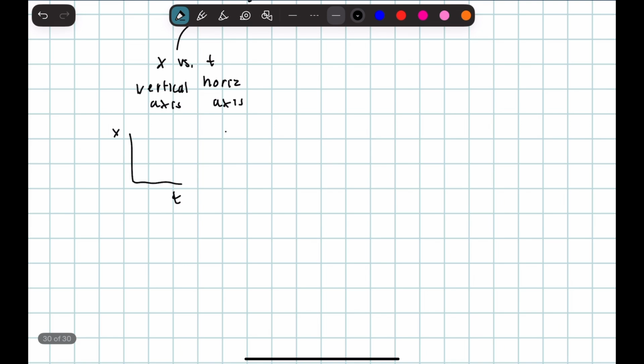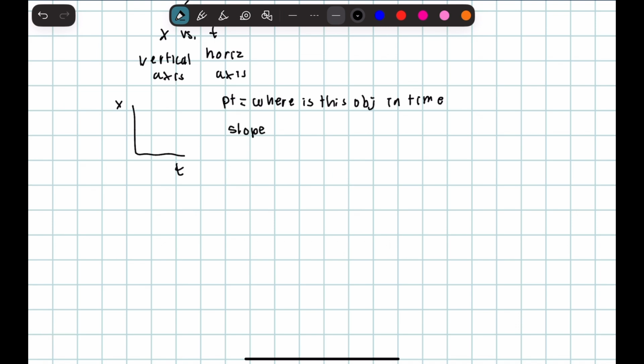Each point shows where the object is at a given time. And the slope of this type of graph is the change in position, delta x, over the change in time. The slope is actually going to equal velocity.